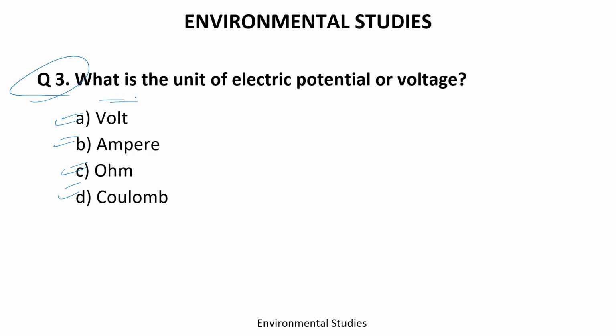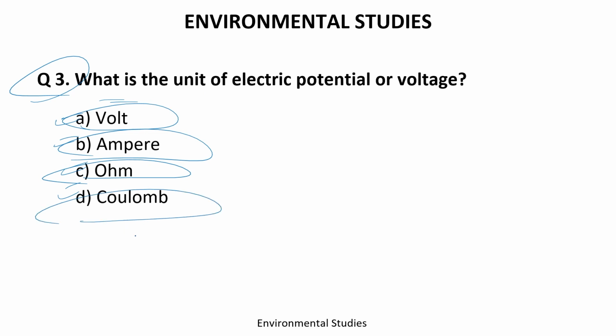Okay, so what is the unit of electric potential or voltage? Volt, ampere, ohm, coulomb. It is a very easy question. So I think 15 seconds is more than enough time to answer it. Your time starts now. 1, 2, 3 ... 15.